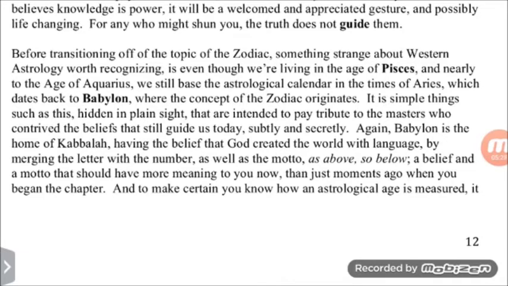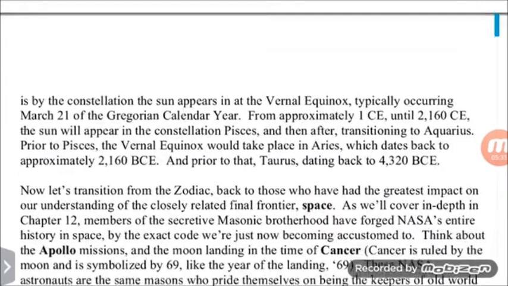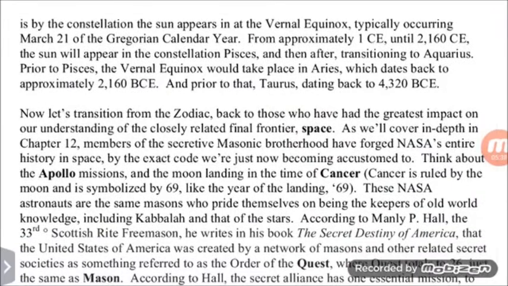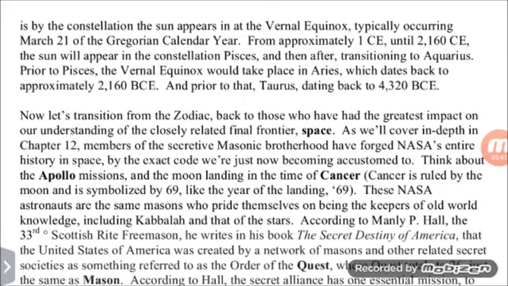And to make certain you know how an astrological age is measured, it is by the constellation the sun appears in at the vernal equinox, typically occurring March 21st of the Gregorian calendar year. From approximately 1 CE until 2160 CE, the sun will appear in the constellation Pisces, and then after, transitioning to Aquarius.